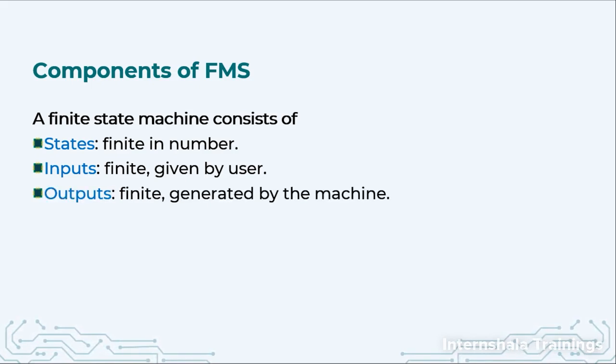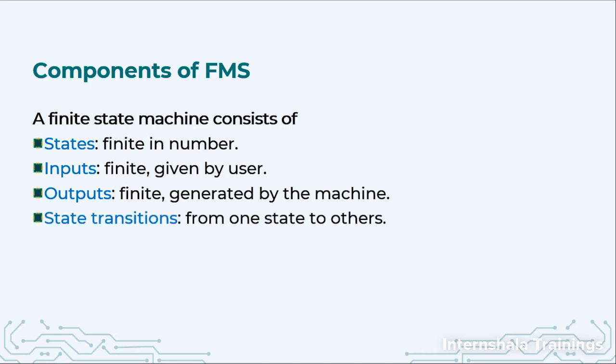Based on the inputs and the state, the system is going to calculate the output. The number of outputs also will be finite and they will be generated after the sequence of computations. And in these calculations, we are going to transit from one state to another, and that is what we call state transitions.